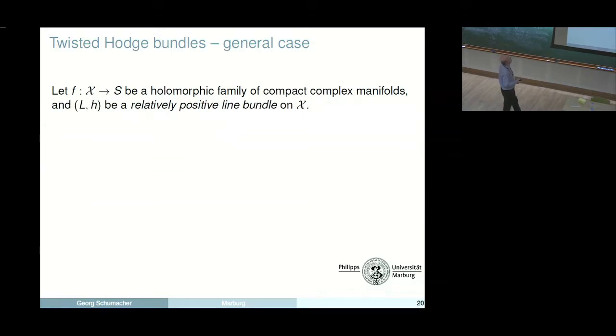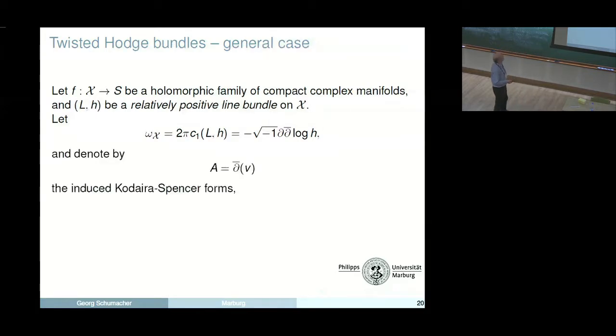So let us forget about the canonical polarization, and we assume that there exists a relatively positive line bundle on X, or strictly positive on X. And then one can do the same kind of thing, say omega X is defined to be the curvature form. And then one has induced Kodaira-Spencer forms. And here we are given one family. This is not about moduli spaces, but about given families, obviously. And then we can write down the geodesic curvatures.